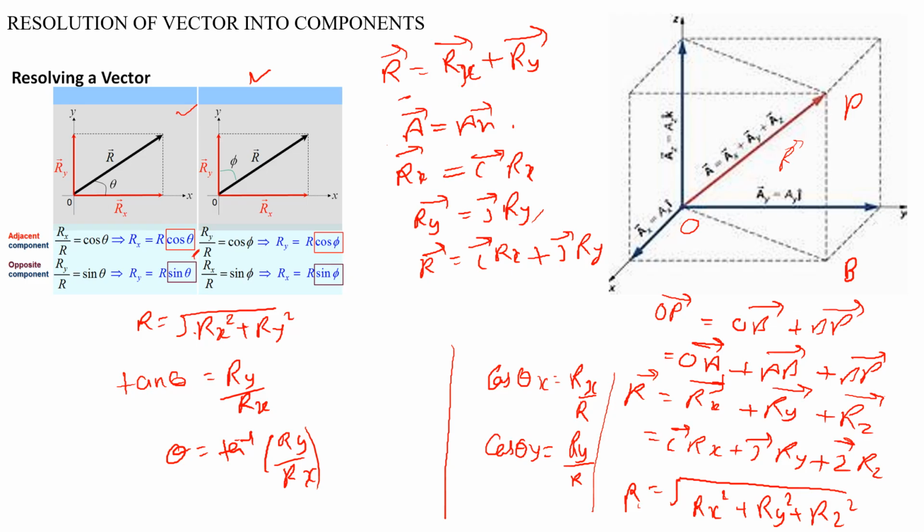The magnitude of r vector is obtained by squaring and adding, using this formula, and direction of the vector is obtained by this: tangent theta is equal to ry over rx. So we find theta is equal to tangent inverse ry over rx.